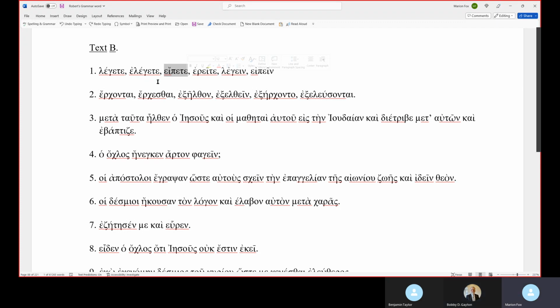And so the difference is the present infinitive, legein, to say, is someone that is a sayer, someone who is a speaker. And the second one, being aorist, is just they said, and they're not necessarily a speaker, they just said something. So this present is more durative in nature.